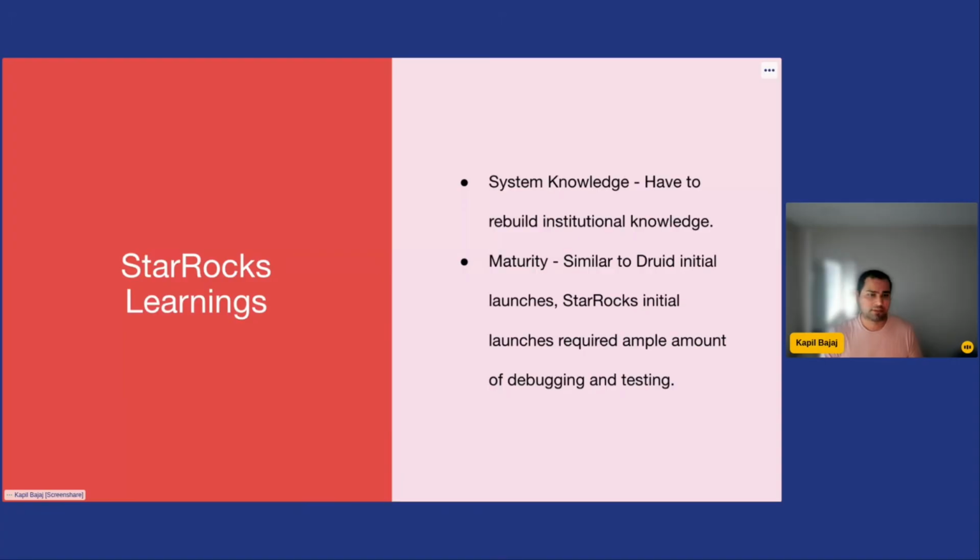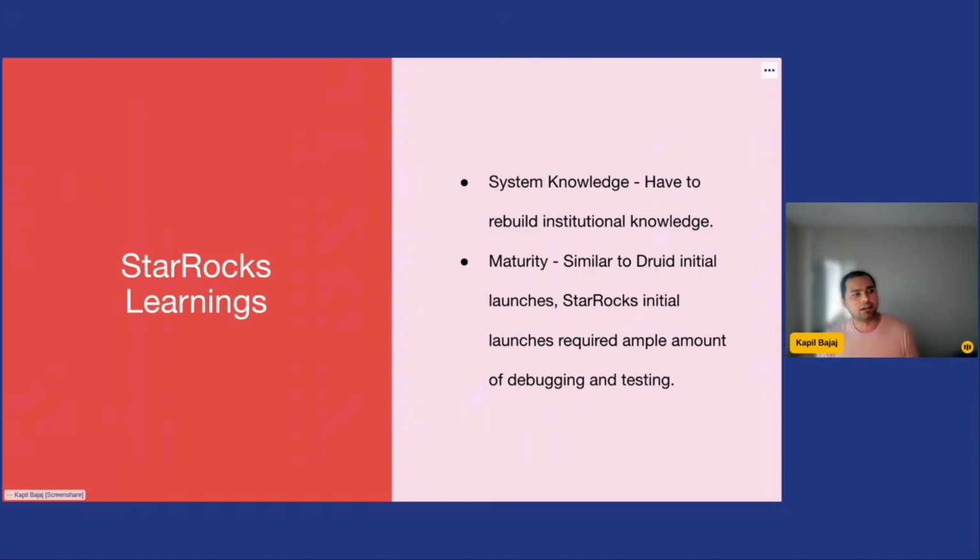After adopting StarRocks, we had to rebuild or relearn a lot of things, which is always learning, and some of those things come out in production scenarios. So we do have to rebuild this knowledge, and we are continuously doing that. I would say we are a lot more comfortable now because of the time we have spent, but we still continue to learn about StarRocks and its usage.